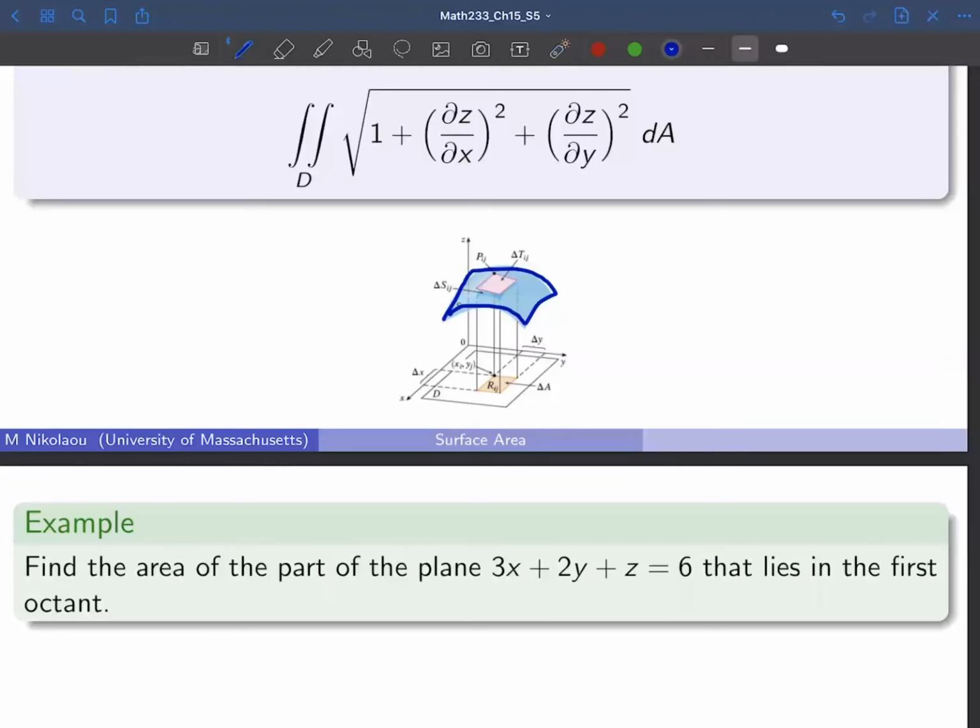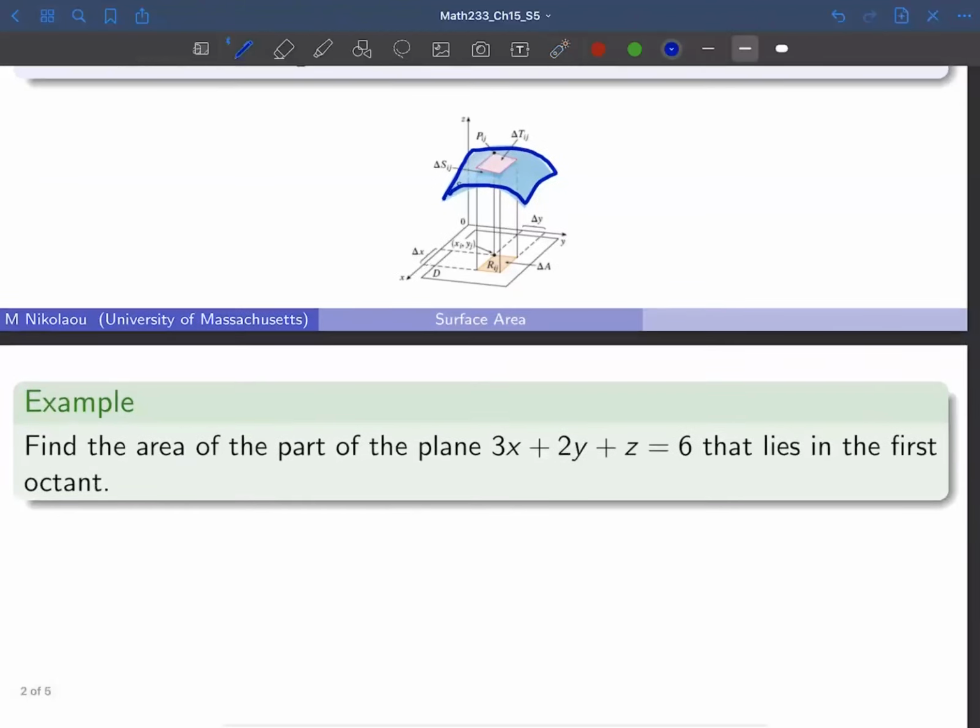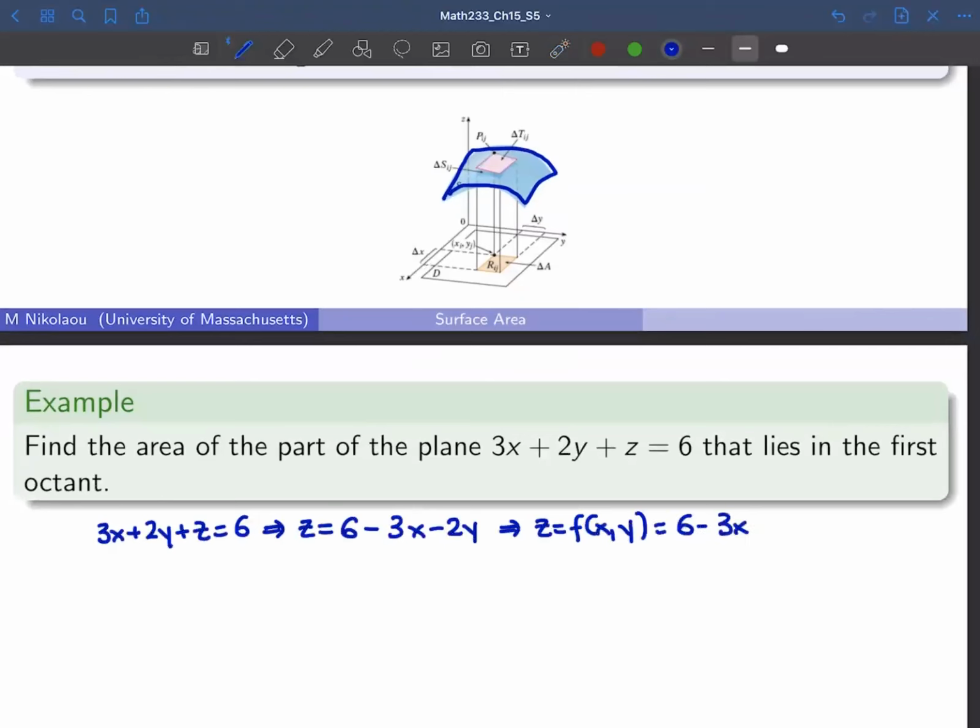Starting from what we are given, if we solve for z, we get that z equals 6 minus 3x minus 2y. So z equals f of x comma y, which is equal to 6 minus 3x minus 2y.